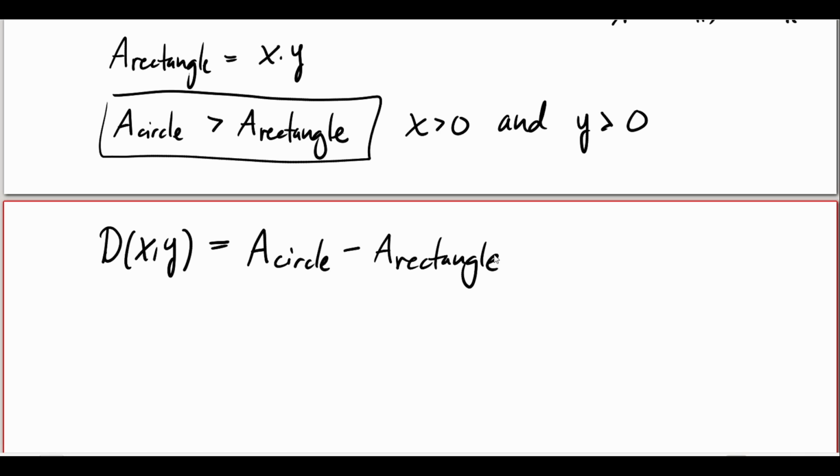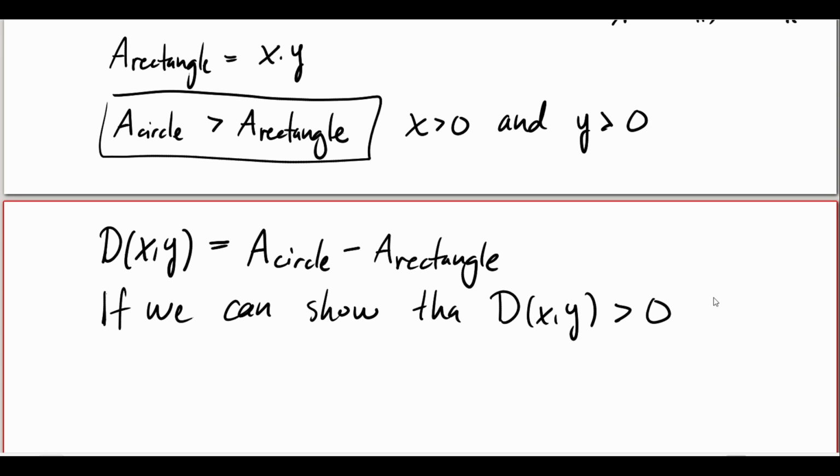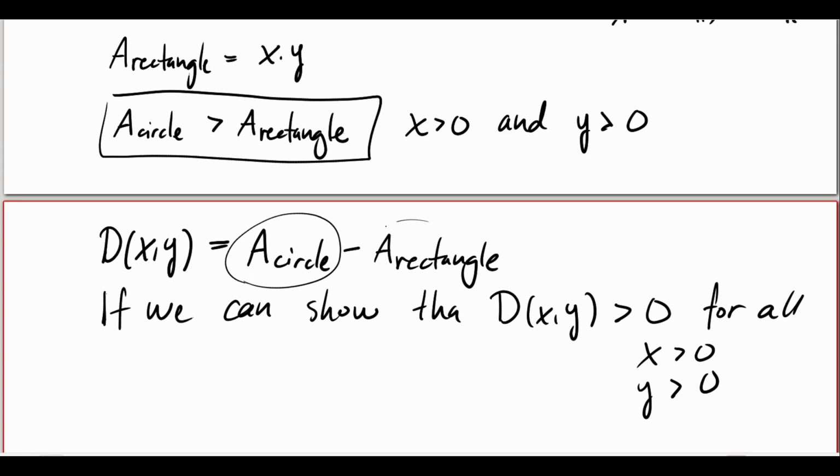And if we can show that this function d of x y is larger than 0 for all x and y larger than 0, then we have proven that the area of the circle must be larger than the area of the rectangle, right?